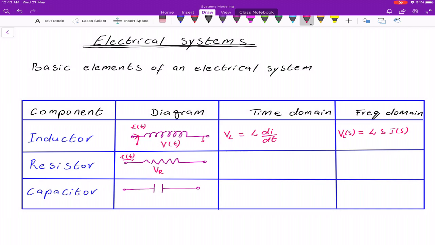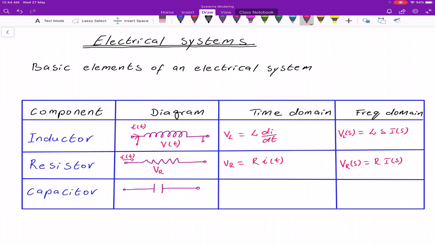Then the time domain of this will be V_R is equal to R times I(t). Okay, so it's just the current times the resistance, and the frequency domain will be V_R(s) is equal to R times I(s).